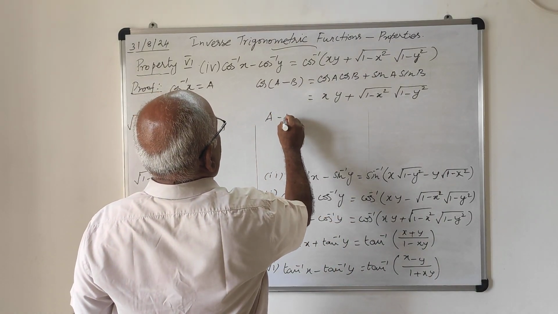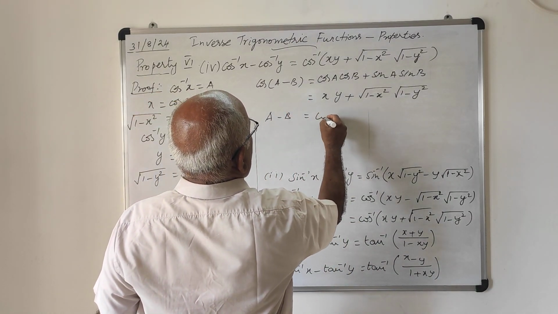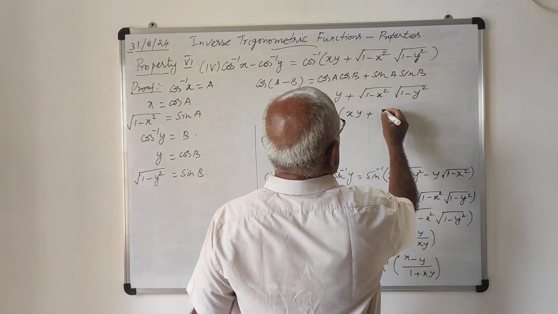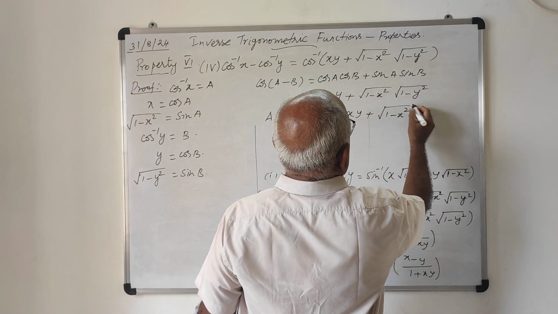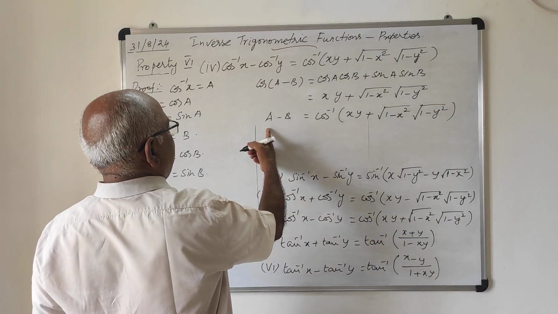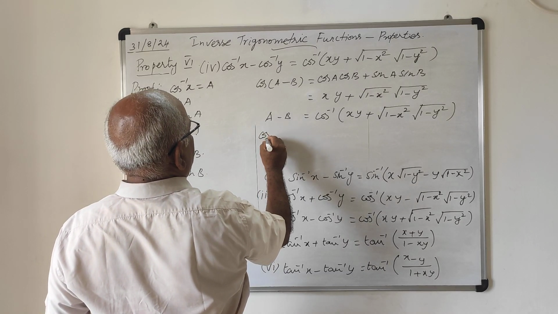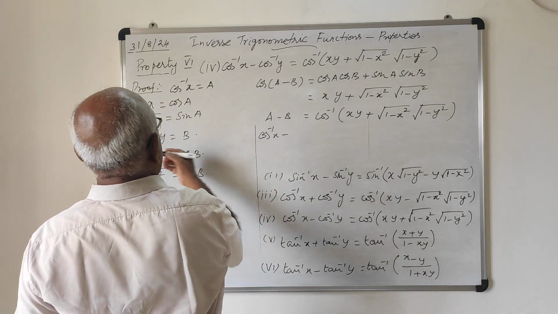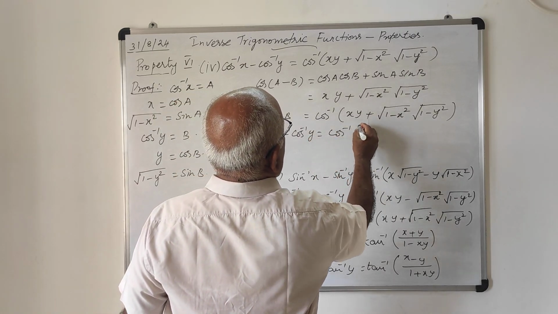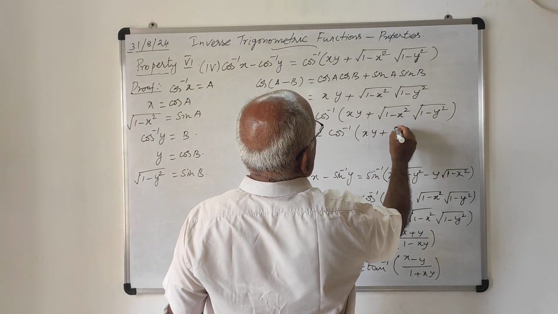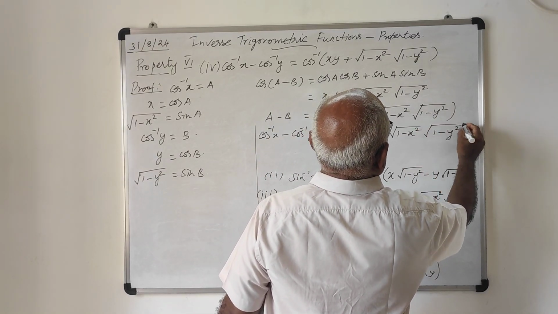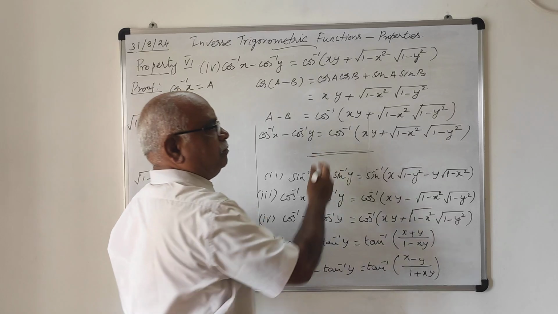From this, a minus b equal to cos inverse of xy plus root of 1 minus x square into root of 1 minus y square. So what is a? a is cos inverse of x, b is cos inverse of y. So cos inverse of x minus cos inverse of y equal to cos inverse of xy plus root of 1 minus x square into root of 1 minus y square. That's all about the result 4.